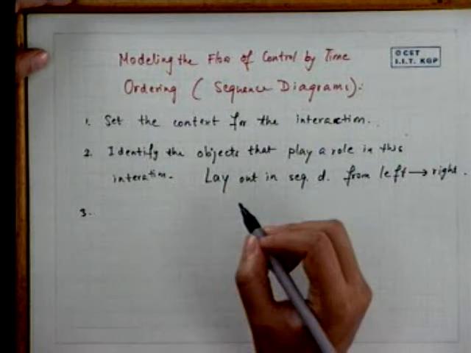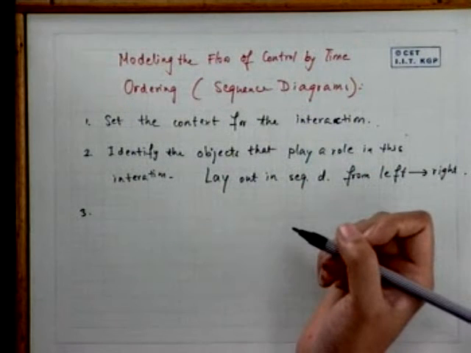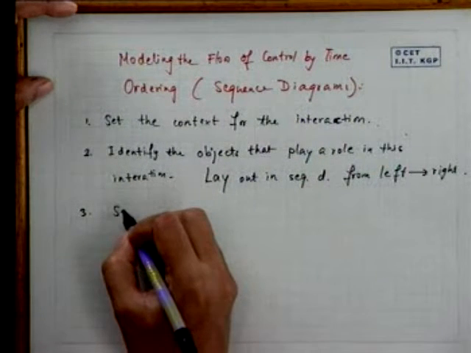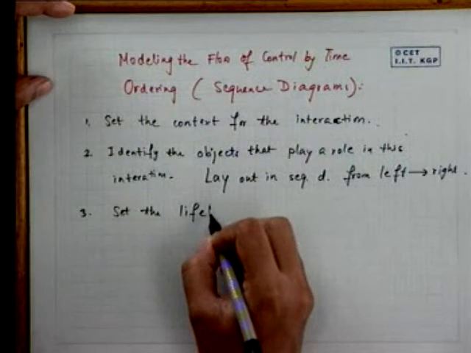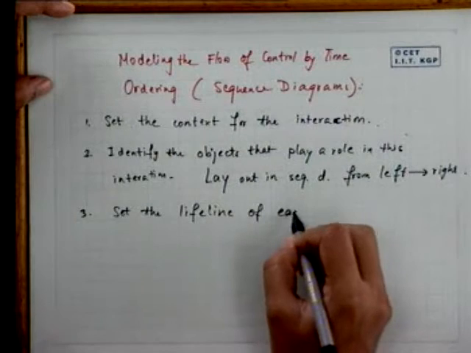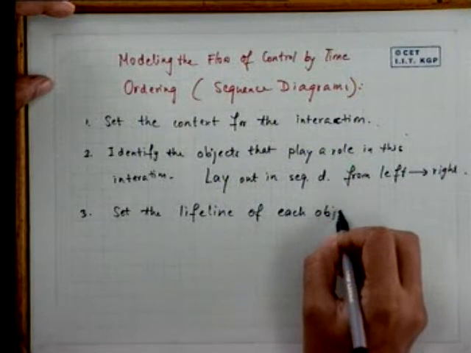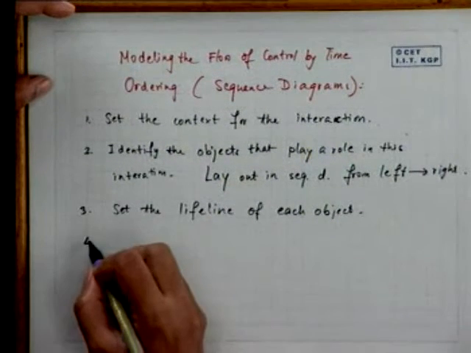The third objective is to set the lifeline of each object. The fourth task is to look at the messages.